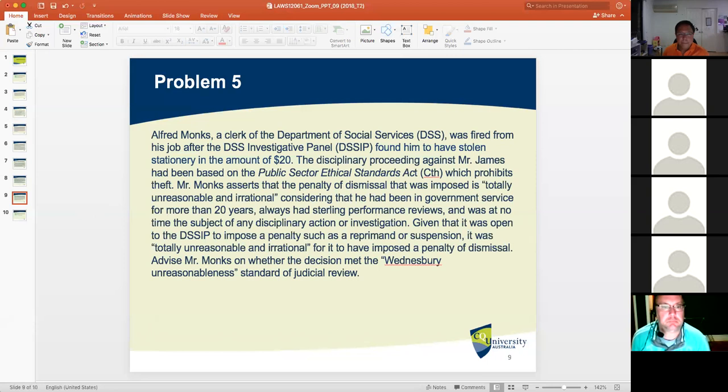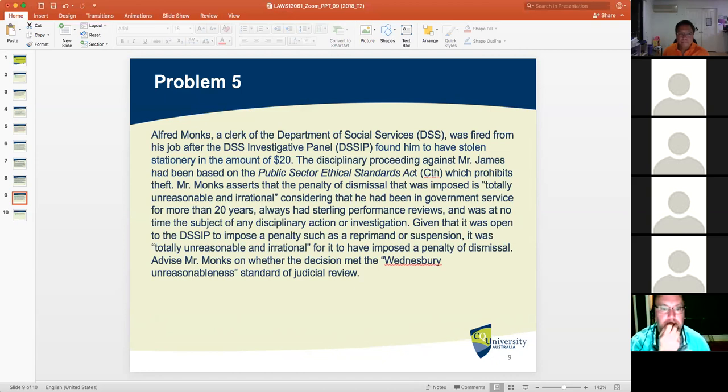Mr. Monks asserts that the penalty of dismissal is totally unreasonable and irrational, considering that he had been in government service for more than 20 years, always had sterling performance reviews, and was at no time the subject of any disciplinary action or investigation.